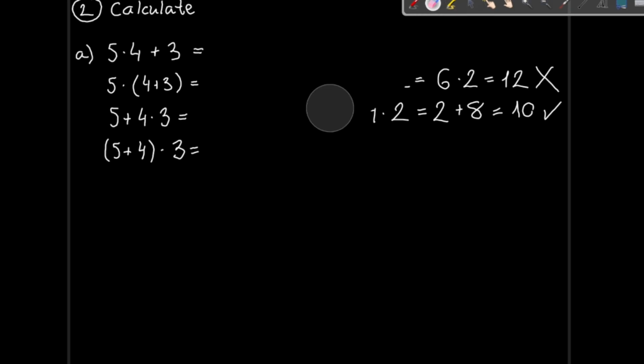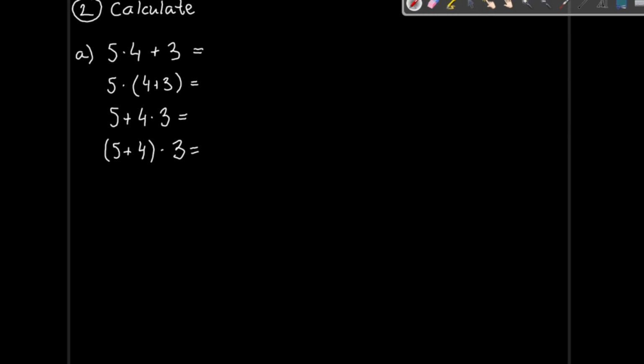So that is called the order of operations. So generally, first thing we do is solve the brackets.